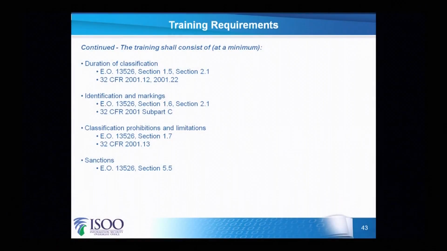Sanctions. There are sanctions in Executive Order 13526, Section 5.5. Officers and government employees and its contractors, licensees, certificate holders, and grantees shall be subject to appropriate sanctions if they knowingly, willfully, or negligently disclose to unauthorized persons information properly classified under the order or predecessor orders.